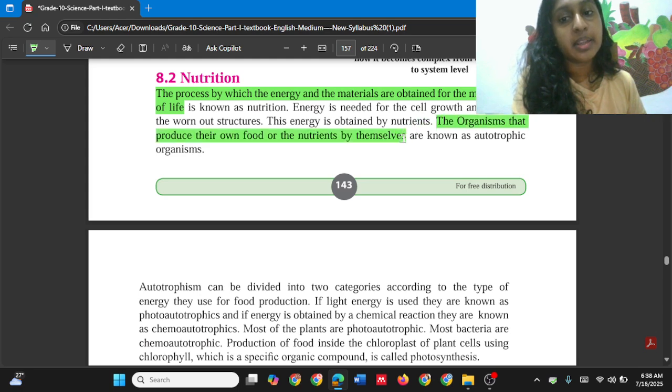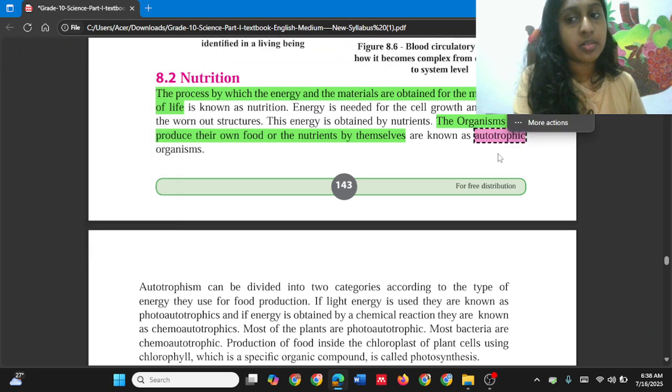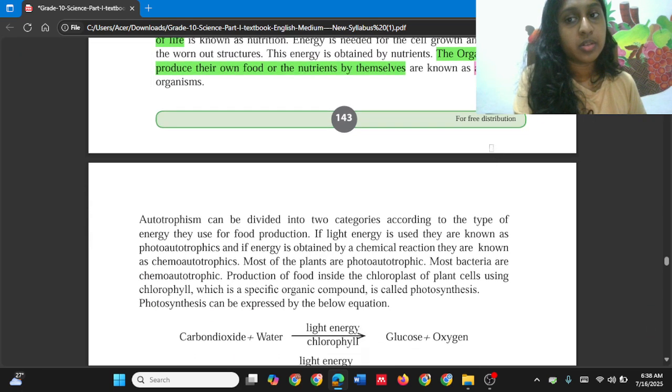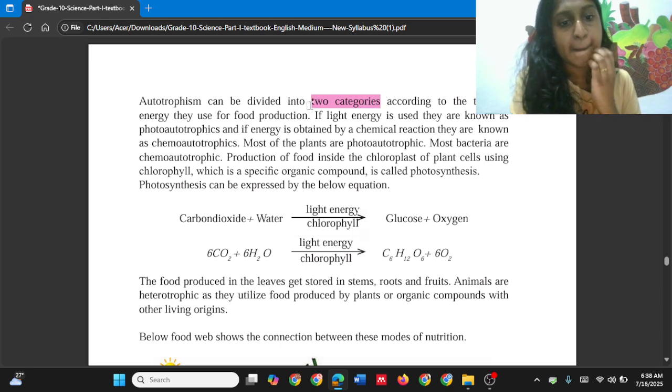This is a definition. Okay. And autotrophism can be divided into two categories. I think you didn't hear this earlier, but we are going to learn it: the type of energy they use for food production.